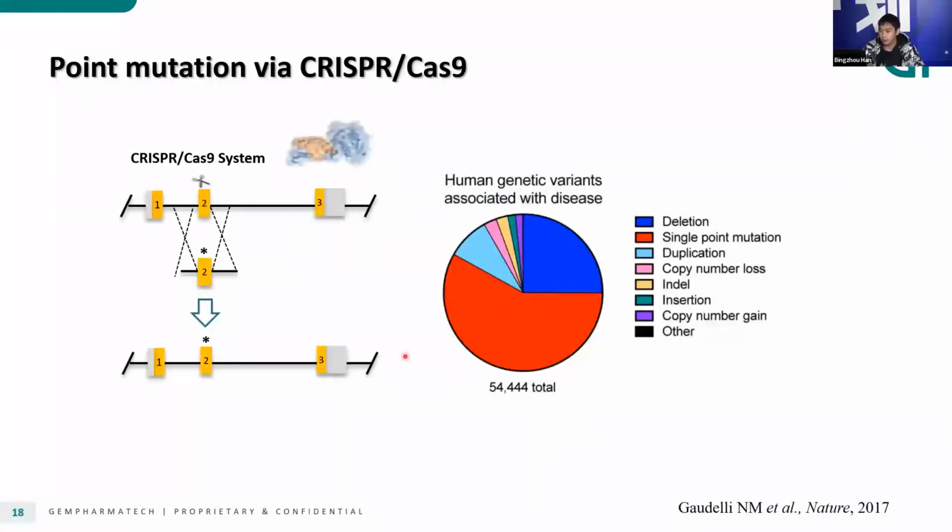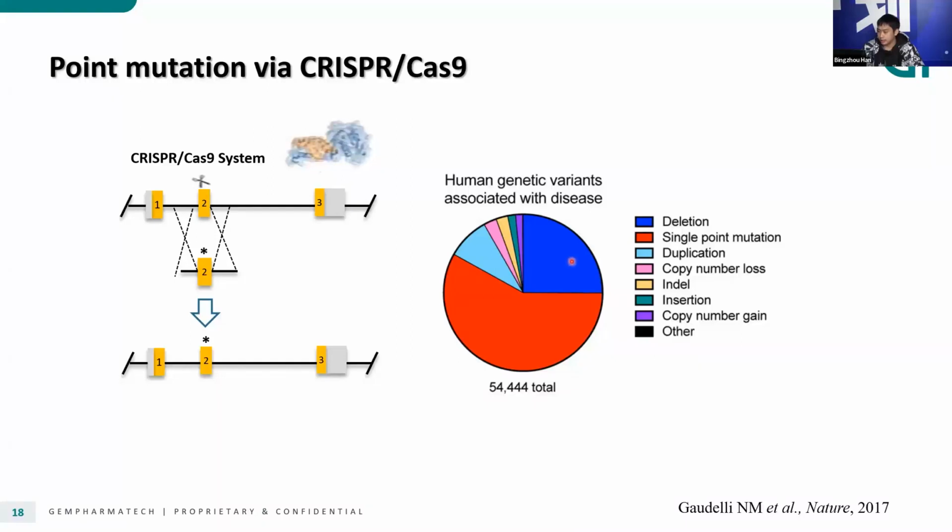Last but not least, we can also introduce point mutations by the CRISPR-Cas9 system and generally a single-strand oligonucleotide donor. We introduce the point mutation of interest in the exon and then design the CRISPR-Cas9 target site also at the exon we are interested in. After homology-directed repair, this donor containing the point mutation is introduced into the target gene and generates the point mutation.